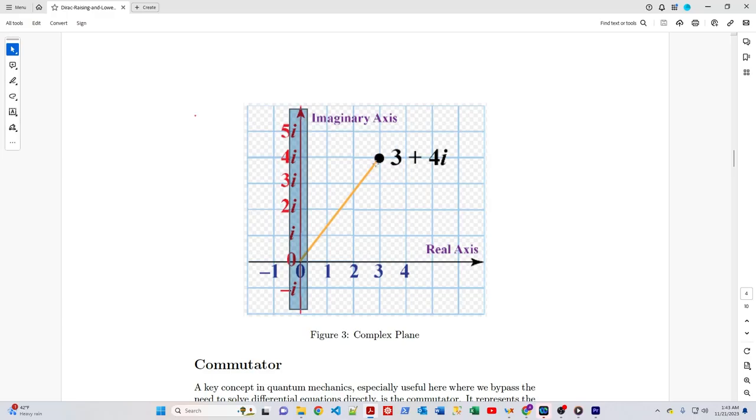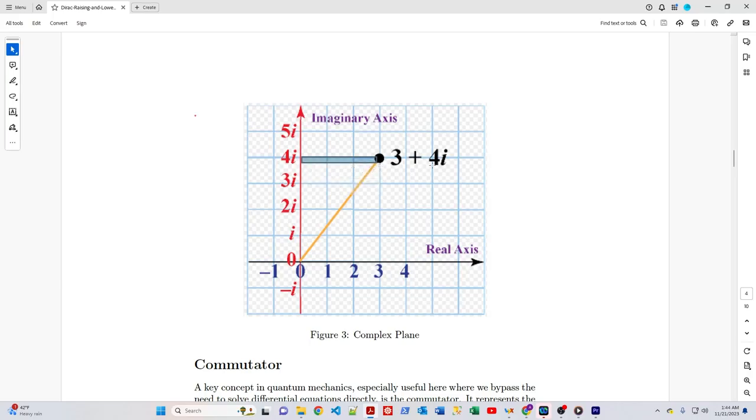And if you have a complex number, like here I've given 3 plus 4i, the real part, if you drop down vertically, you come down to 3. So the real part is 3. And if you go vertically, you come to 4i, and that's the imaginary part.